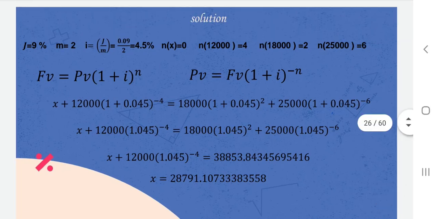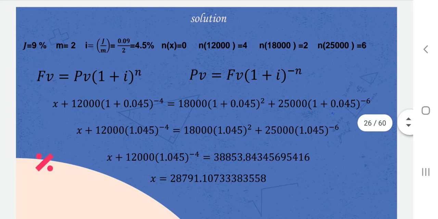By substituting in formula of future value and present value, the new obligations at left hand side and the old obligations at right hand side.